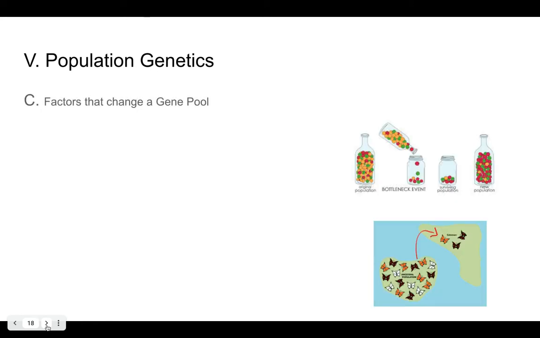Another thing that could change the gene pool is what is called genetic drift. In genetic drift, these are changes that impact the gene pool because of what are called chance events. Something has occurred, it wasn't necessarily intentional, but the gene pool is now different as a result.